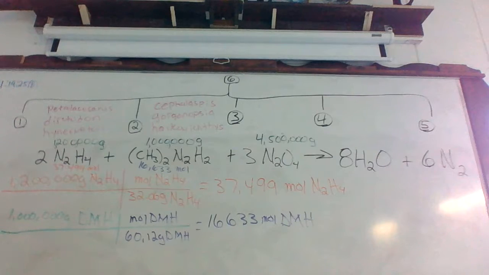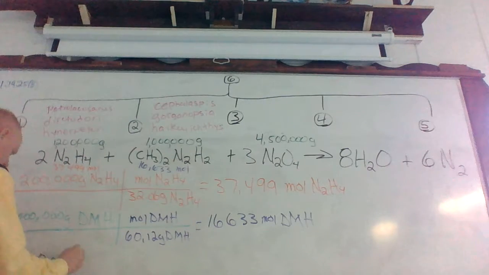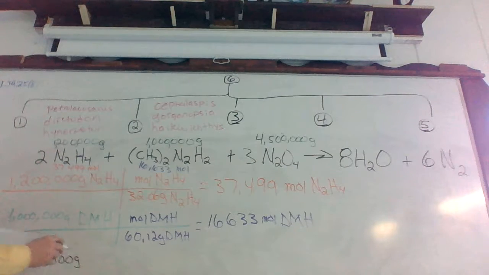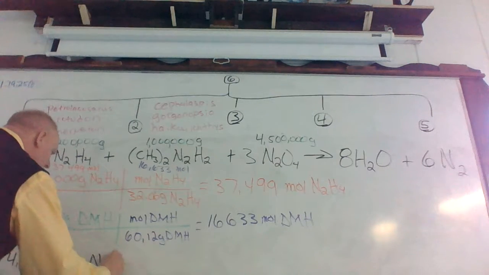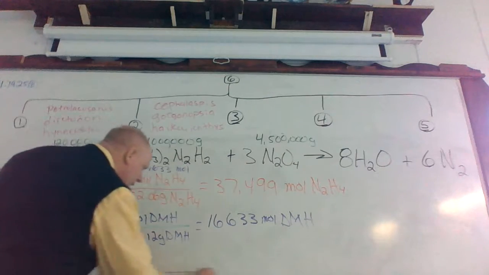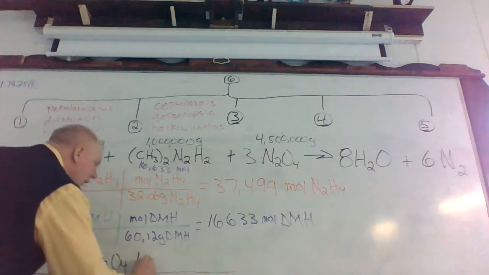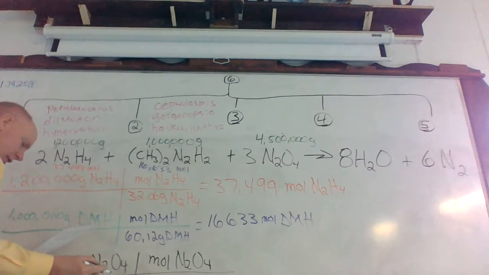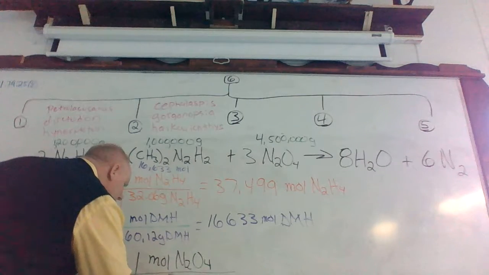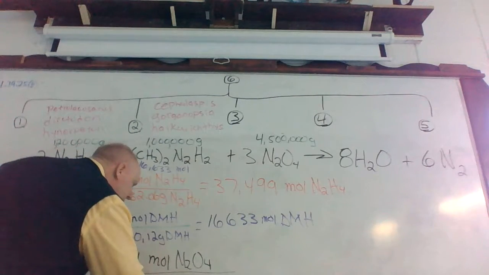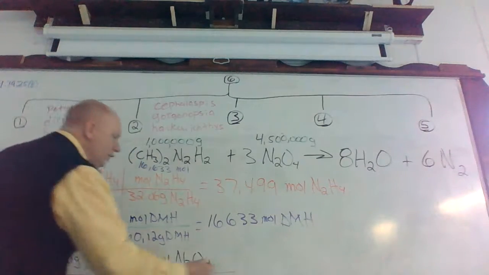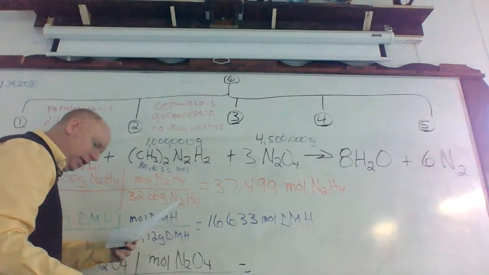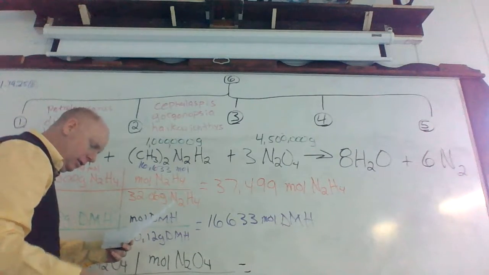So then the bottom one, we have 4.5 million grams of N2O4. So for every mole of N2O4, we have 92.02 grams of N2O4. I was thinking that had to be moles. And when we calculate that out, we get 48,902.4.